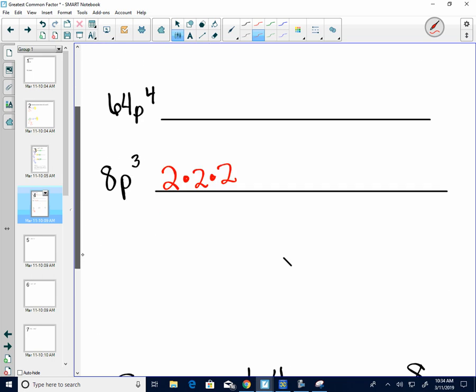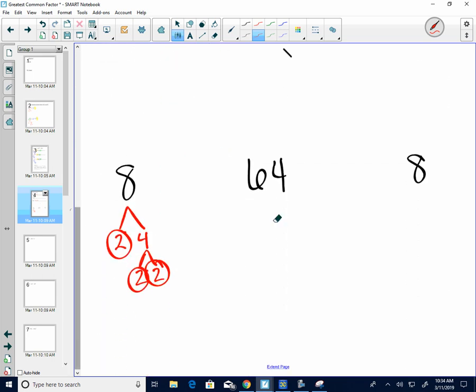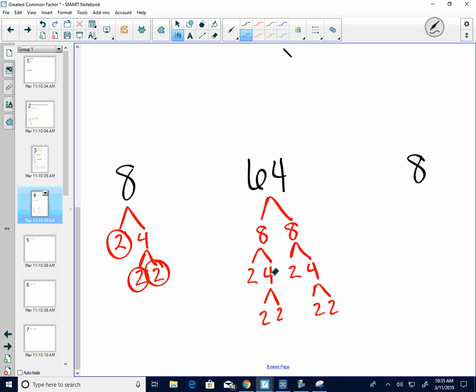So then let's look at factoring 64. If nothing else, you should see that it's an even number, and you could start with 2. Or what can I multiply and get 64? Well, that's 8 times 8. Well, that's going to be 2 times 4, and that's going to be 2 times 2, and that's going to be 2 times 4, and that's going to be 2 times 2. So you come back and you circle the numbers that didn't have a tree going from the bottom of them.